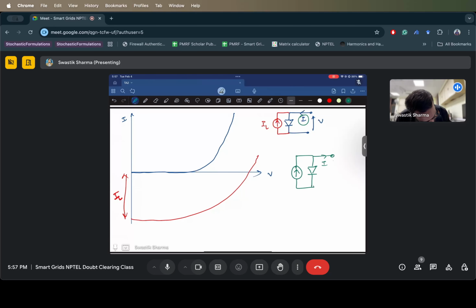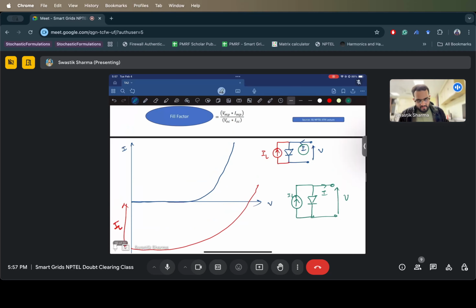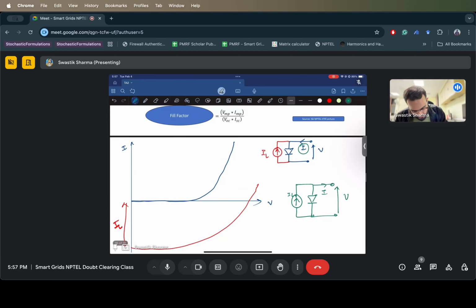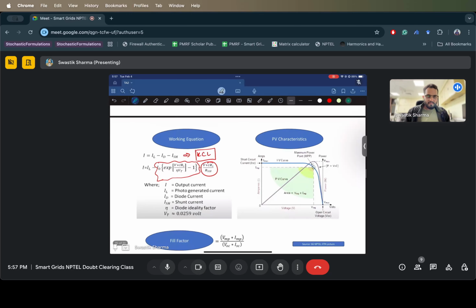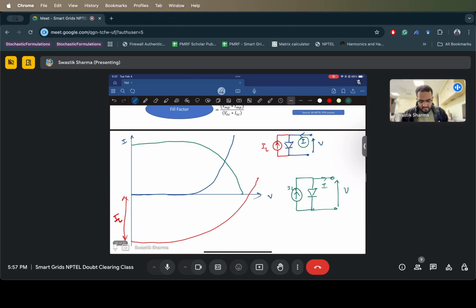Because now it will generate electricity, right? So what we do is we invert this graph. If we invert it, it could be something like this. This is how we arrive at this graph.